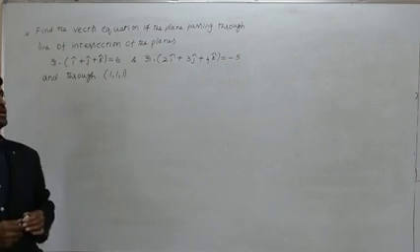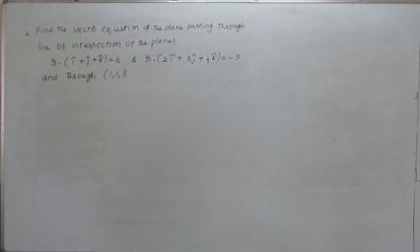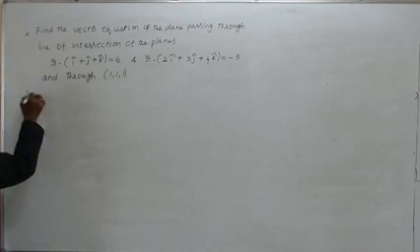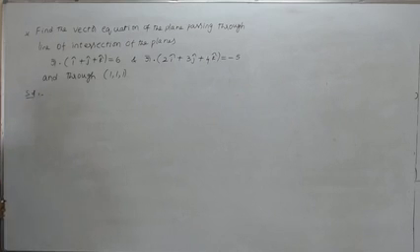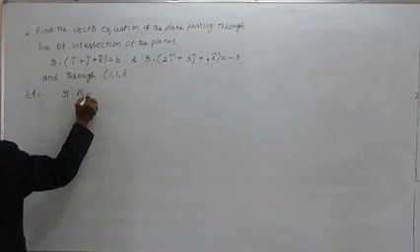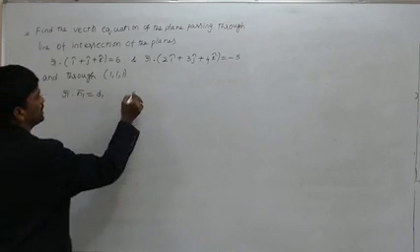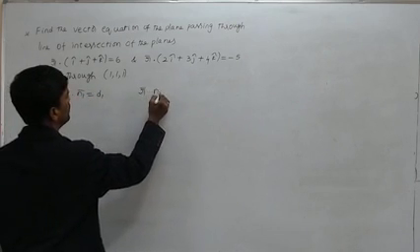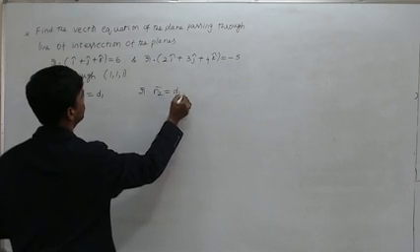Okay, so how can we find this plane? Solution. You compare the first plane equation with r bar dot n1 bar is equal to d1, and the second plane equation with r bar dot n2 bar is equal to d2.